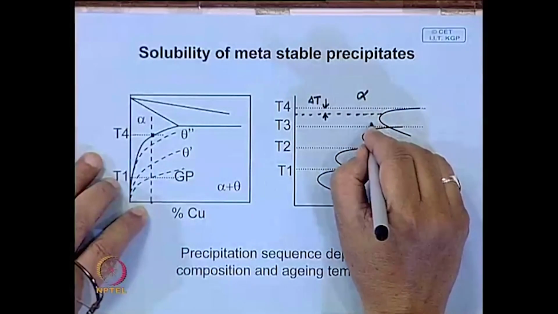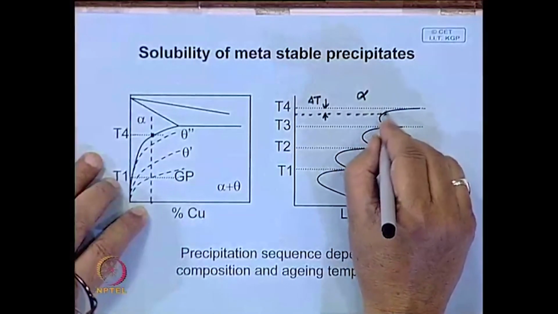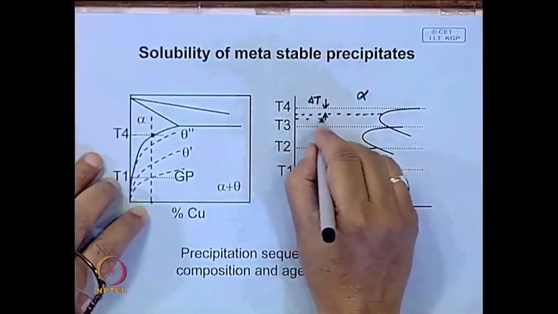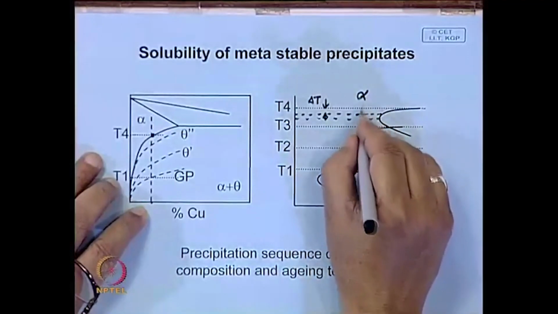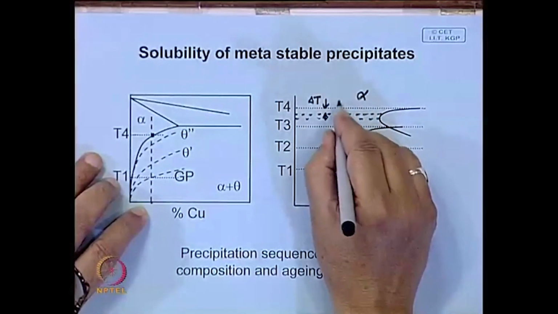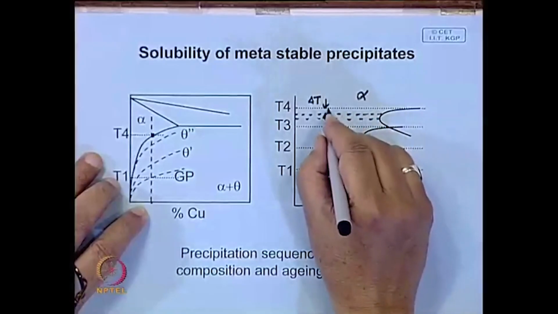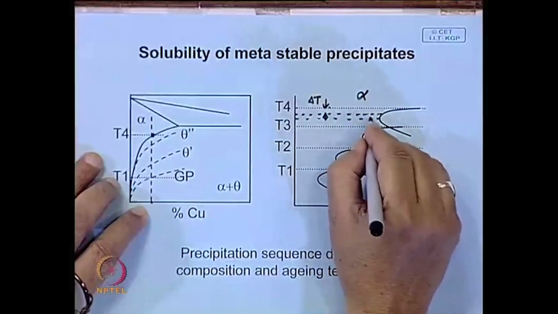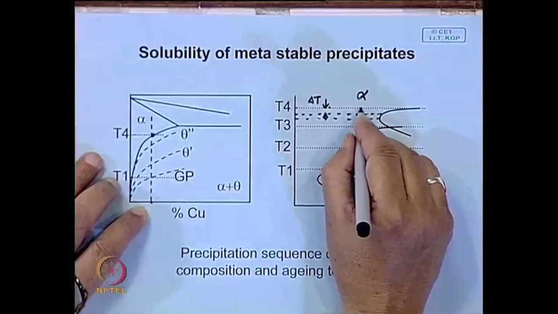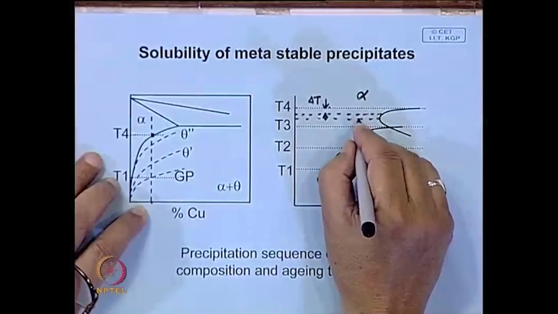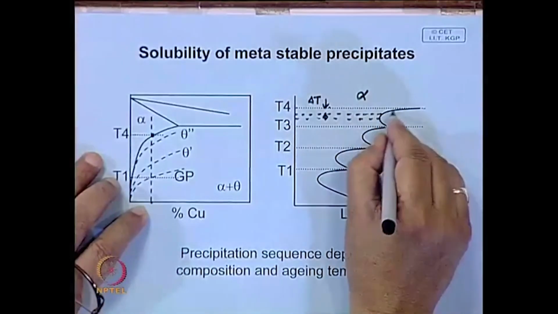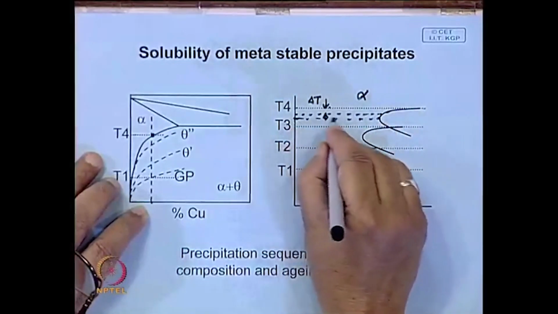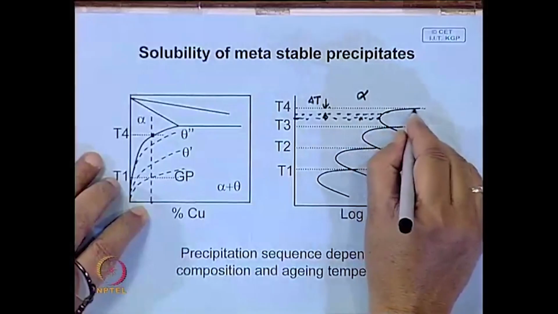So, as you go down, diffusivity decreases, diffusion becomes slower, and there is an optimum condition here. The two things vary in opposite ways: the rate of nucleation is faster the higher the supercooling, and the rate of diffusion becomes slower if the temperature becomes lower. Therefore, there will be an optimum case where you will have the maximum rate of precipitate formation.